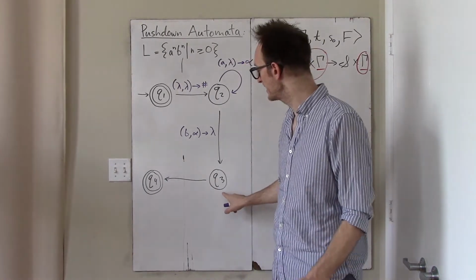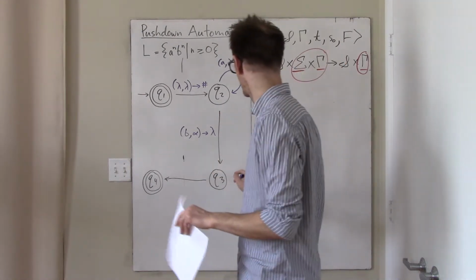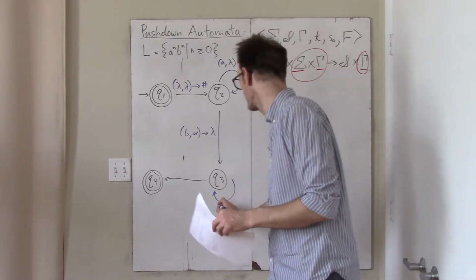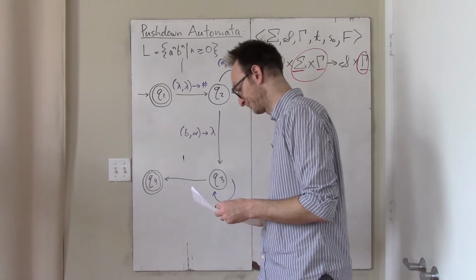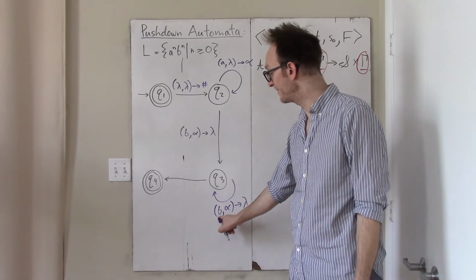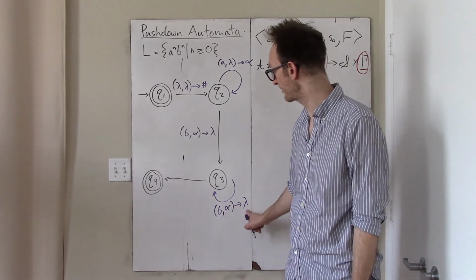State Q3 is the state of I'm reading my B's now. And so Q3 is the state that I stay in for a long time, over and over again, reading a B and popping an alpha, pushing nothing.